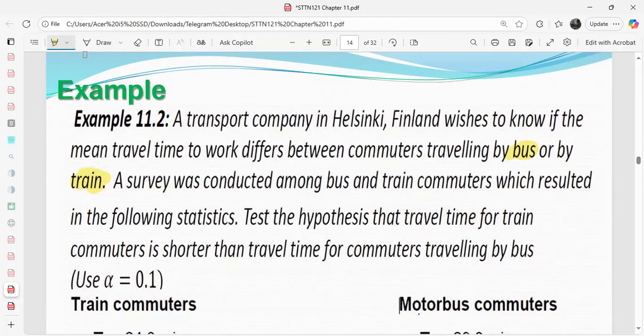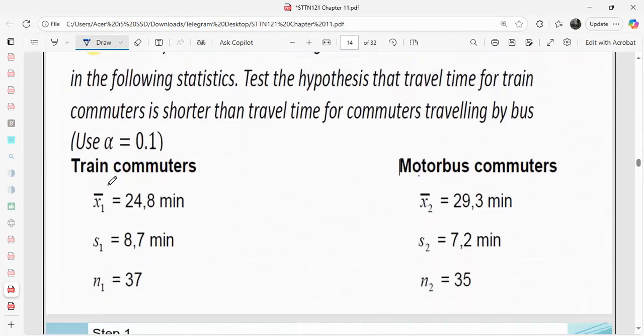Already they've given you the information that alpha is 0.1. But remember, when you formulate, check if they mention greater than, more than, less than. Here, test the hypothesis that travel time for train commuters is shorter than, which is less than. So it means that H1, HA: population mean 1 is less than population mean 2.